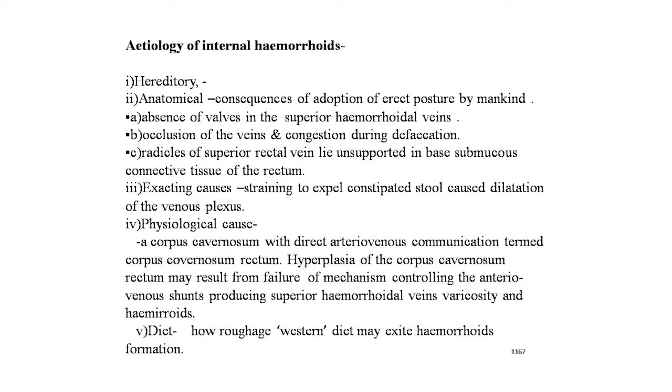Exciting cause is straining to expel constipated stools, causing dilatation of the venous plexus. The next factor is physiological: a corpus cavernosum with direct arteriovenous communication, termed corpus cavernosum recti. Hyperplasia of the corpus cavernosum recti may result from failure of the mechanism controlling the arteriovenous shunts, producing superior hemorrhoidal vein varicosity, and hemorrhoids develop.